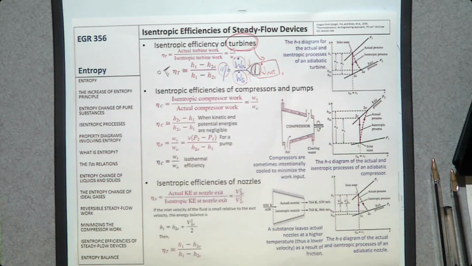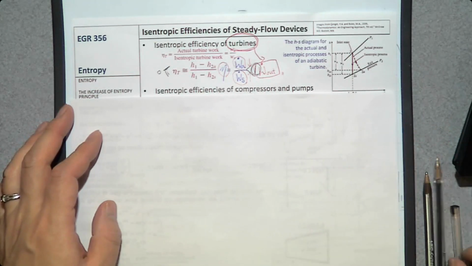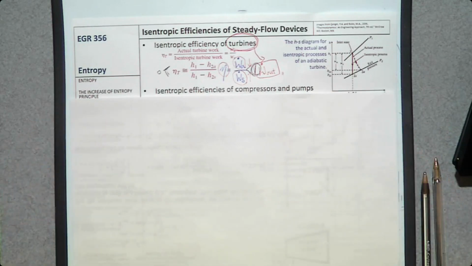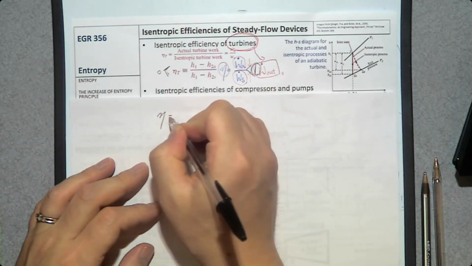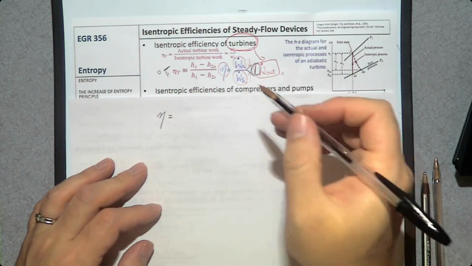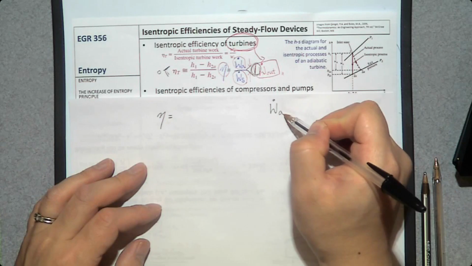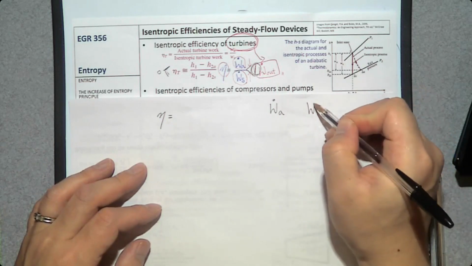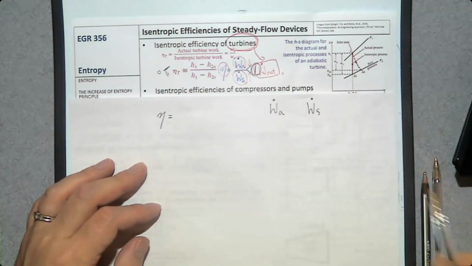What about compressors or pumps? Compressors consume power, so you can also calculate isentropic efficiency by using the power consumed by the actual compressor and the power consumed by an isentropic compressor.